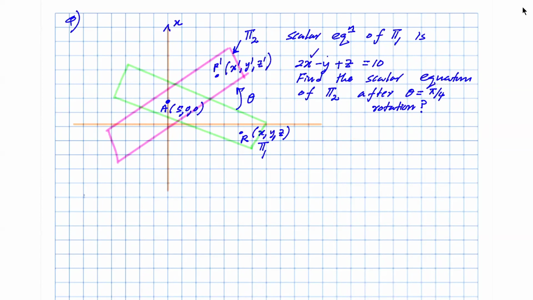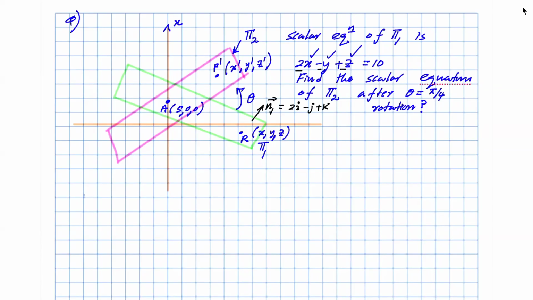So this x and y and z is with this point here, right? Now, you can find this n1 vector from 2, minus 1 and 1. So it's going to be 2i minus j plus k. So you find n1 from there.